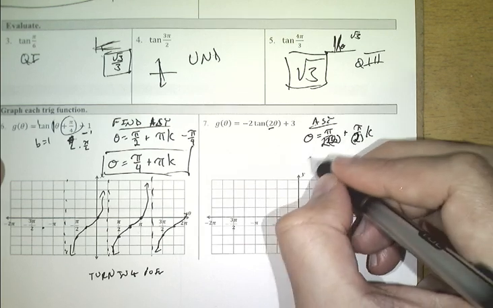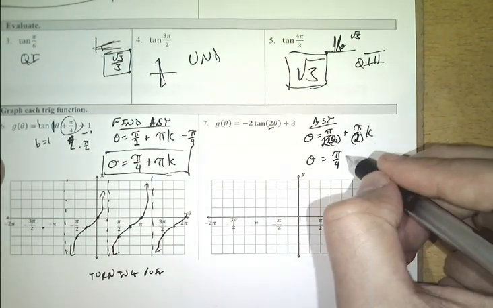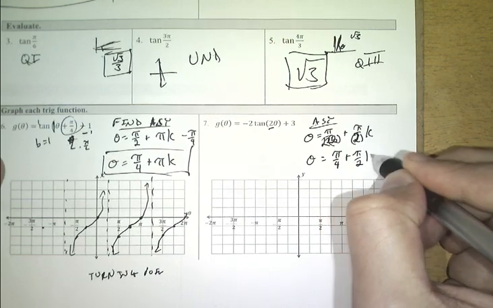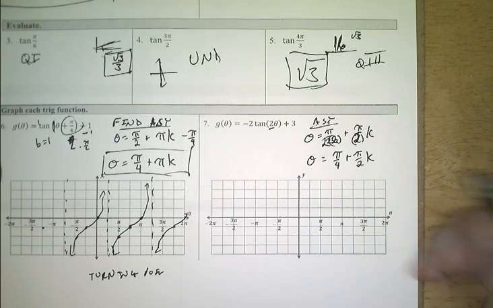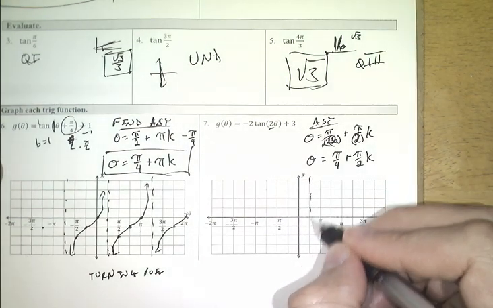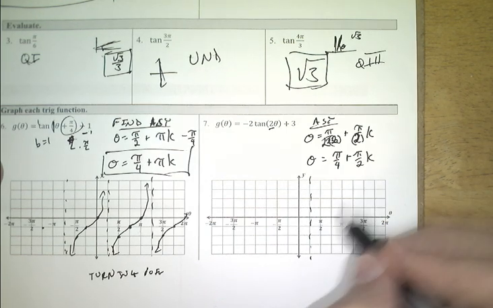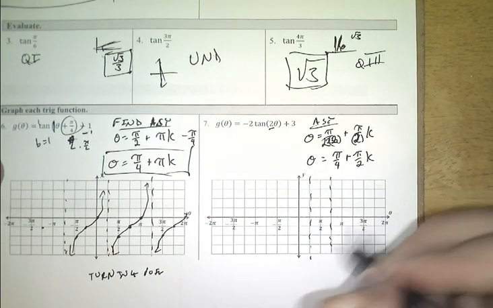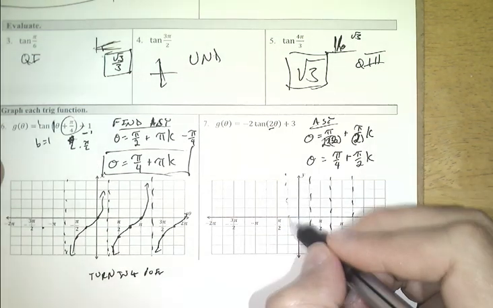Okay, so we should have them all at pi over 4 plus pi over 2 k. And no horizontal shifts, so you don't have to worry about shifting it over. So we'll have one at pi over 4 right here, and then every pi over 2. So that's every 2 blocks in this case. So there we go.